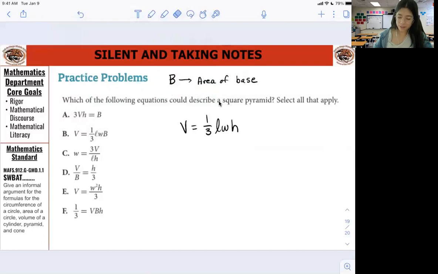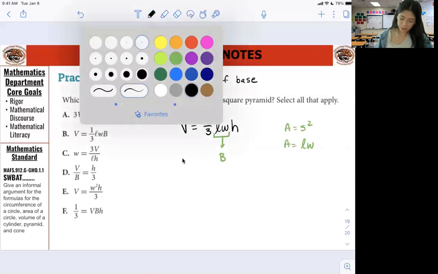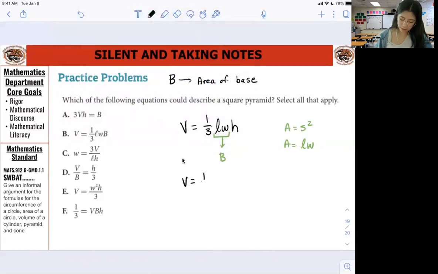Yeah, and then S squared is the same thing, right? Another way to write it is length times width. So this part right here, that's B. Okay, so in order to rewrite this equation, we could just write it as 1/3 area of the base times height. So go from there.